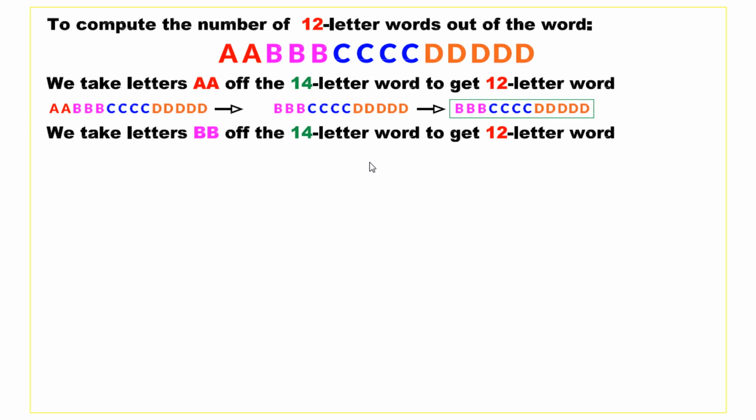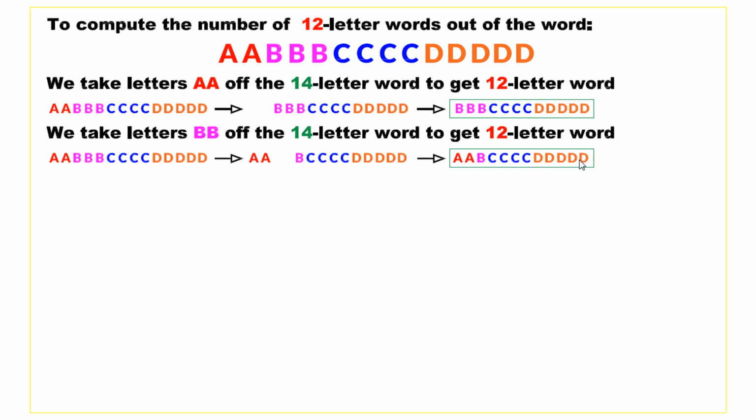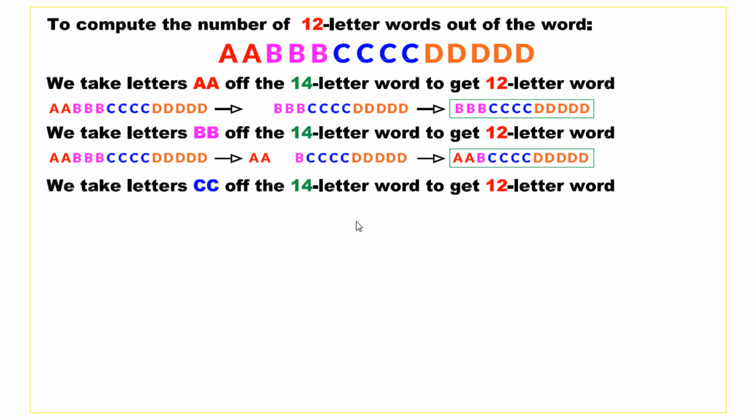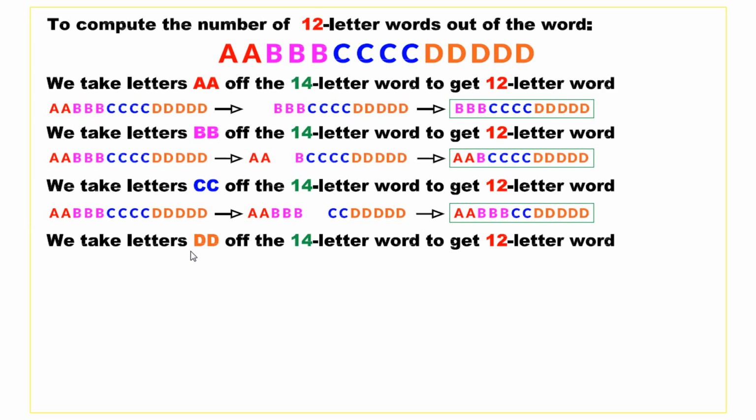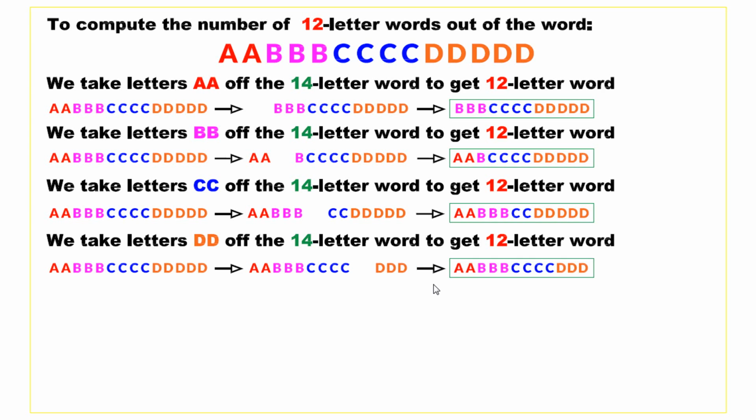Or we can take two B's off and we end up with a 12-letter word. Or we can take two C's off and we get a 12-letter word. And finally we can take two D's off and we end up with a 12-letter word.